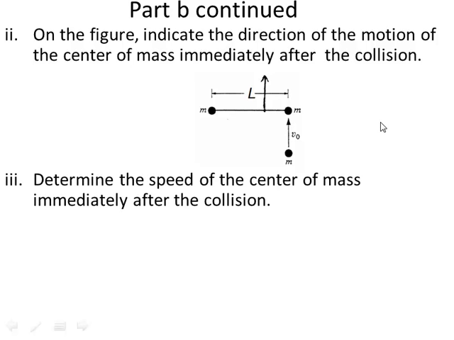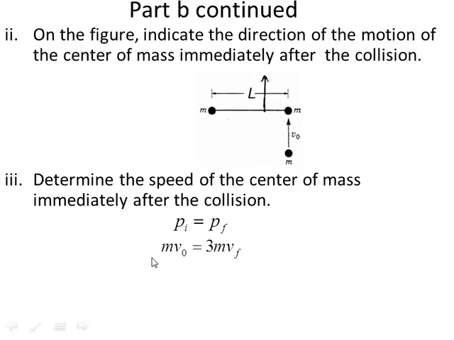Part 3 of Part B asks us to determine the speed of the center of mass immediately after the collision. That is essentially asking us for the same thing as Part A, because if it's the center of mass, it's just going to move in a linear way and not rotate. So the initial linear momentum equals the final linear momentum.